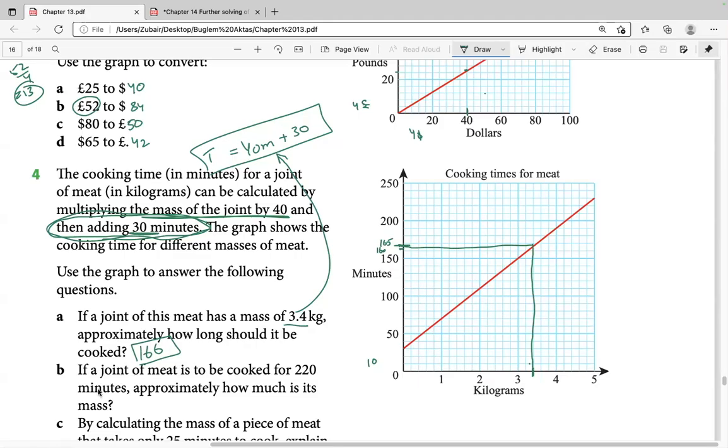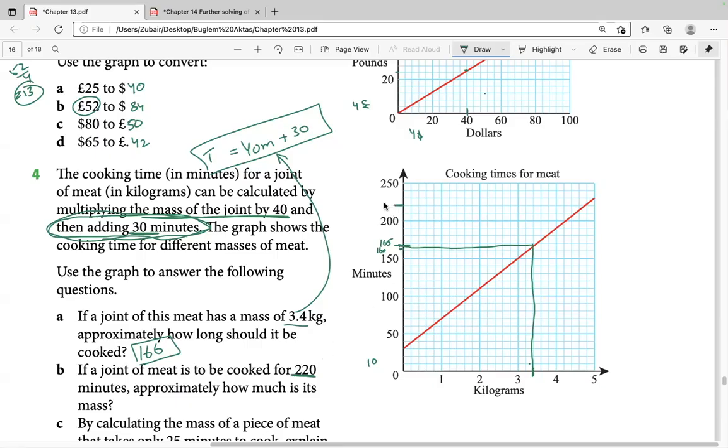If a joint of meat is to be cooked in 220 minutes, before I look at the graph, I'm taking out those 30. So 220 minus 30, I'm left with 190, and divided by 40, the mass should be 4.75. Now let's find 220.